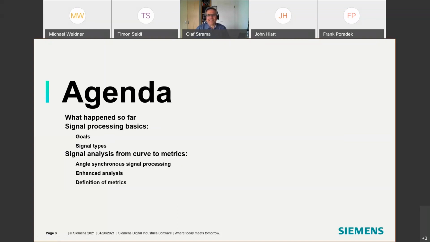And then we explain our typical way to drill down the signal analysis, or how we use the signal analysis as a kind of drill down to develop the system from the signal to the metric. Since at the end we are interested in the metric that tells us if our device is good or bad, or if our device under test has a certain defect. And we will show how we come from the signal to this metric.